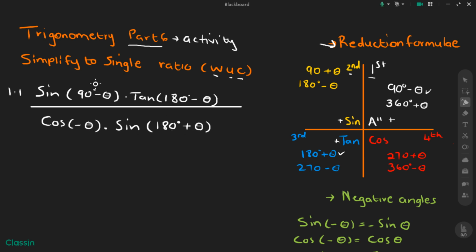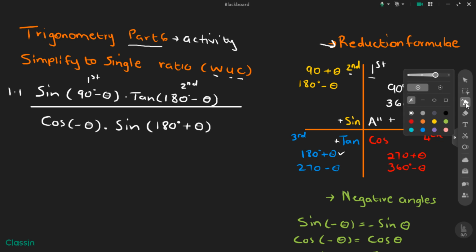So now we have 90 minus theta, 180 minus theta, negative theta, 180 plus theta. Now we have to identify where 90 minus theta is according to the sketch here. It is in the first quadrant. Okay, let's write first quadrant there. What about 180 minus theta? 180 minus theta is in the second quadrant. Then we can write second here. Then what about negative theta?